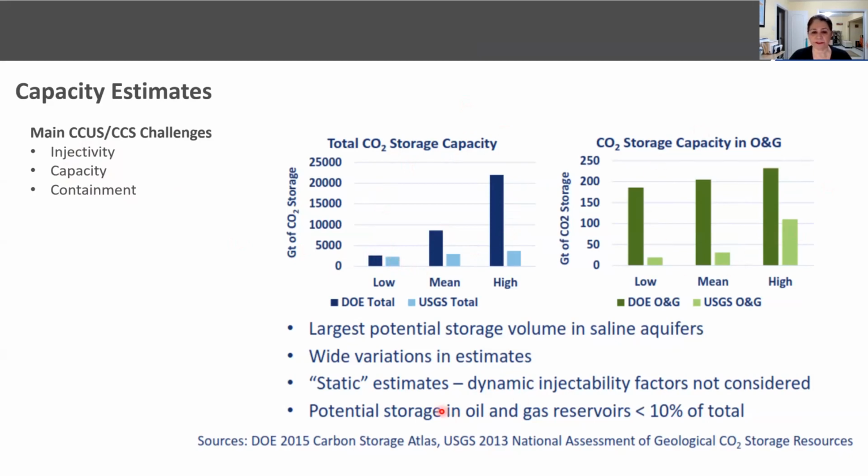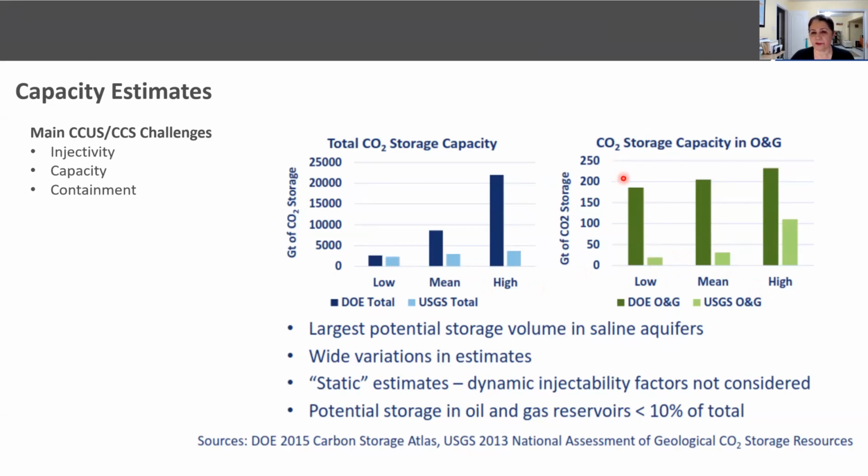One is a very simple static estimate. So you're not including any of the dynamic effects of injectivity or heterogeneity. There are two estimates from Department of Energy versus USGS that you see are widely different in terms of the capacity for different low, medium, high scenarios. And if you look at the oil and gas, same story. The estimates are very different.